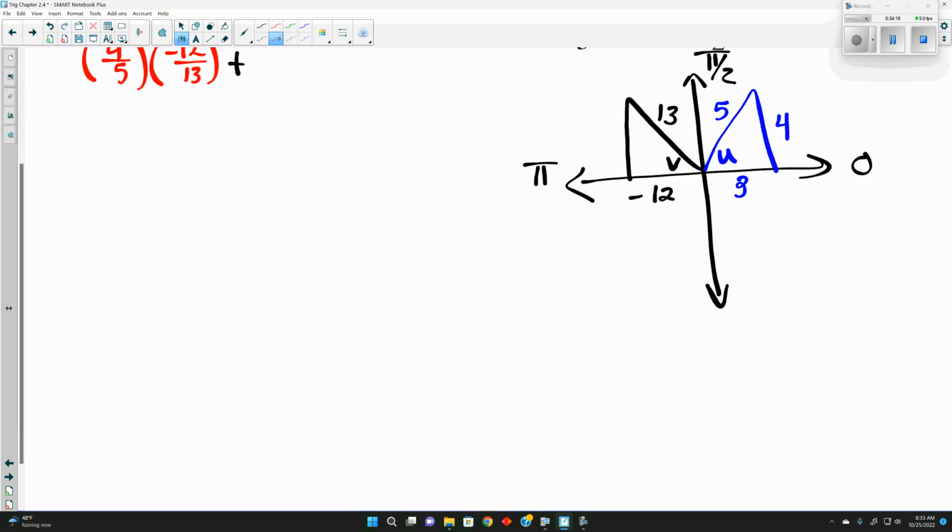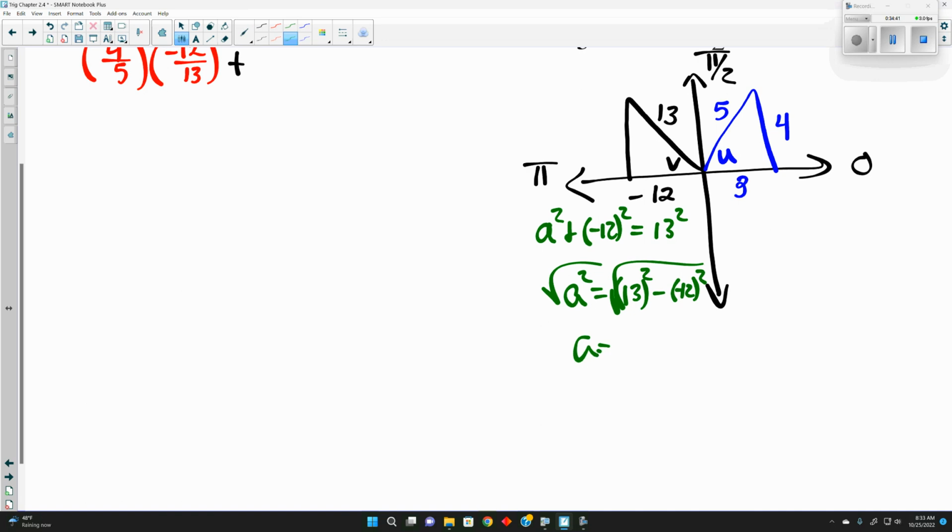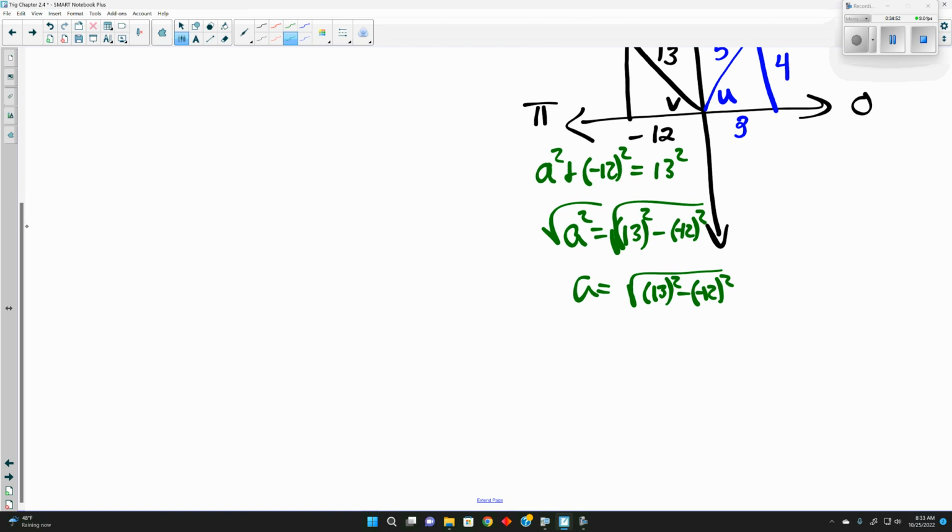But we can use the Pythagorean theorem. So we can say a squared plus negative 12 squared is equal to 13 squared. Or really we're saying a squared is 13 squared minus 12 squared. And then we are taking the square root of 13 squared minus negative 12 squared. And we could have plugged this all into a calculator.